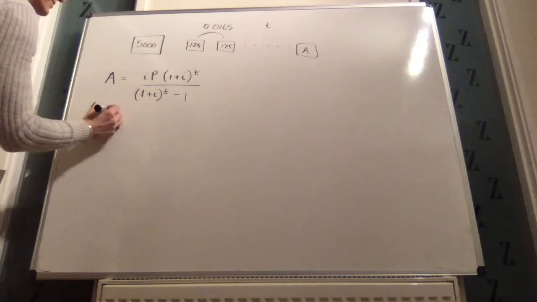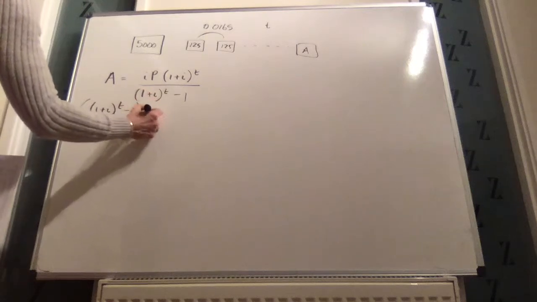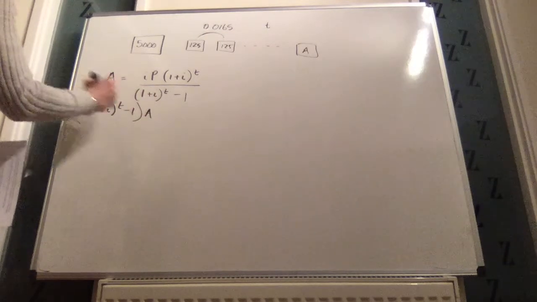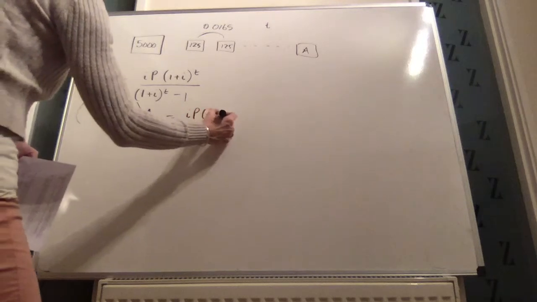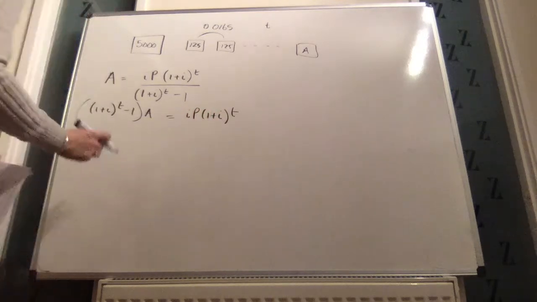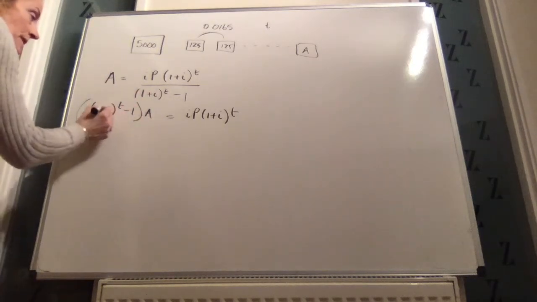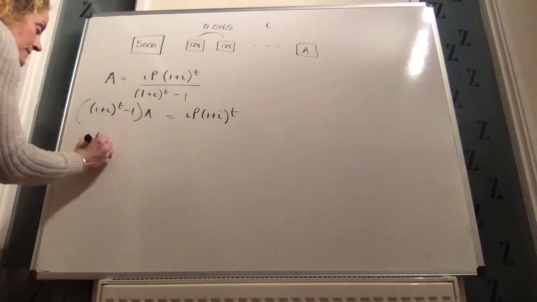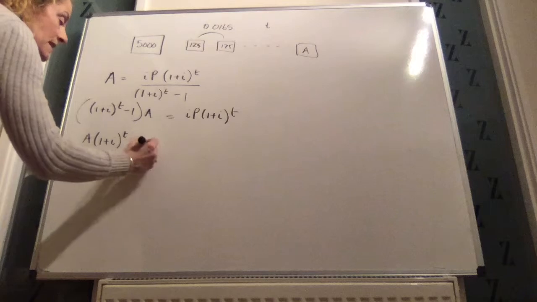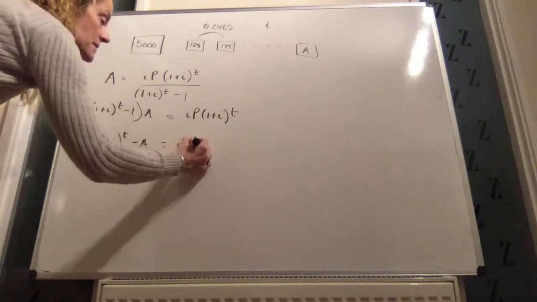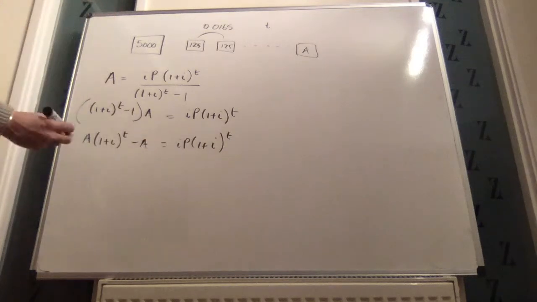So we get (1 plus I to the power of T minus 1) multiplied by A is equal to IP times (1 plus I) to the power of T. Now we want T on its own, so multiply out the brackets: A times (1 plus I) to the power of T minus A is equal to IP times (1 plus I) to the power of T.